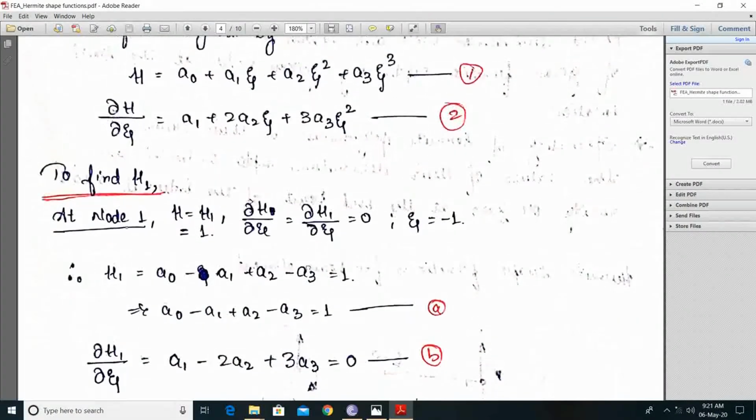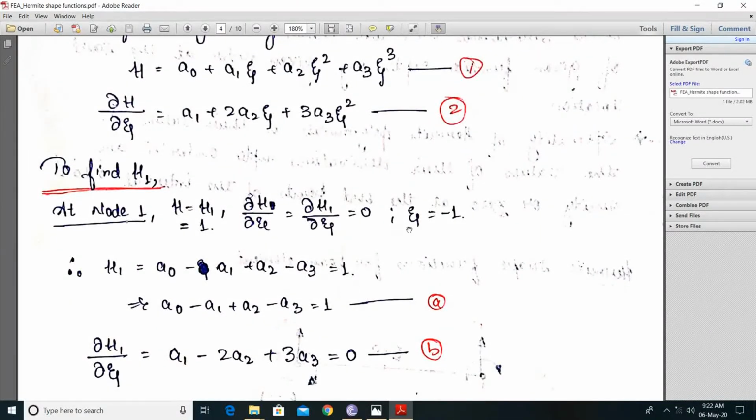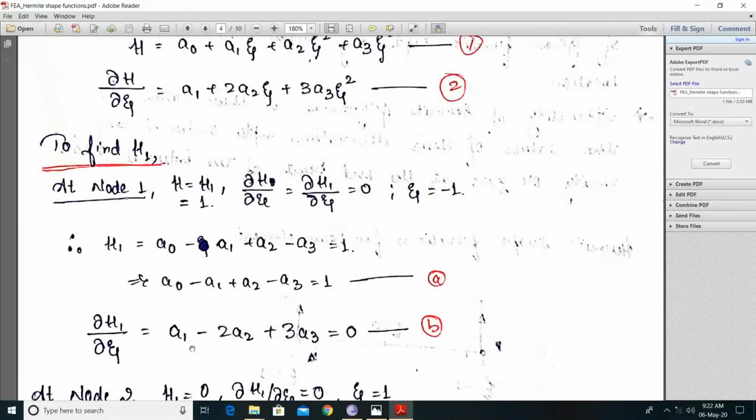So when you substitute these values in these two equations, you will be getting a0 minus a1 plus a2 minus a3 equal to 1. When you substitute h1 equal to 1 and xi equal to -1 in equation 1, you will be getting equation A. And similarly you substitute dou h1 upon dou xi equal to 0 and xi equal to -1 in equation 2, you will get the equation a1 minus 2a2 plus 3a3 equal to 0.